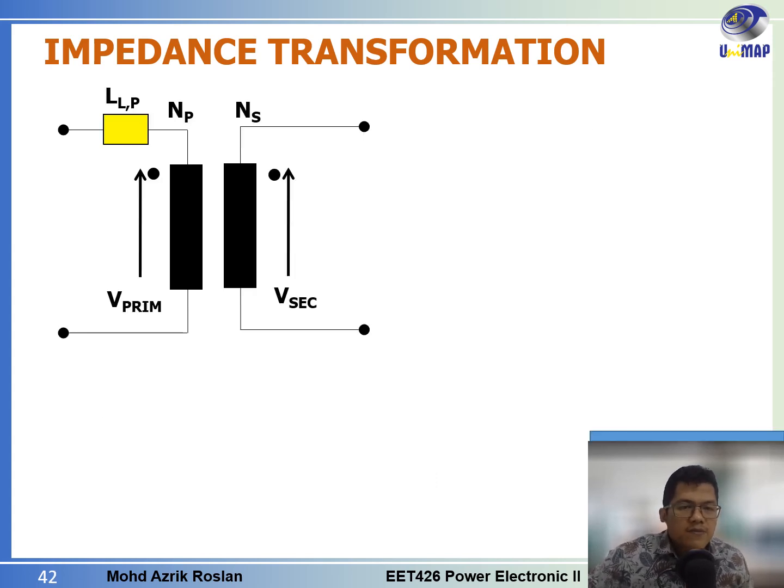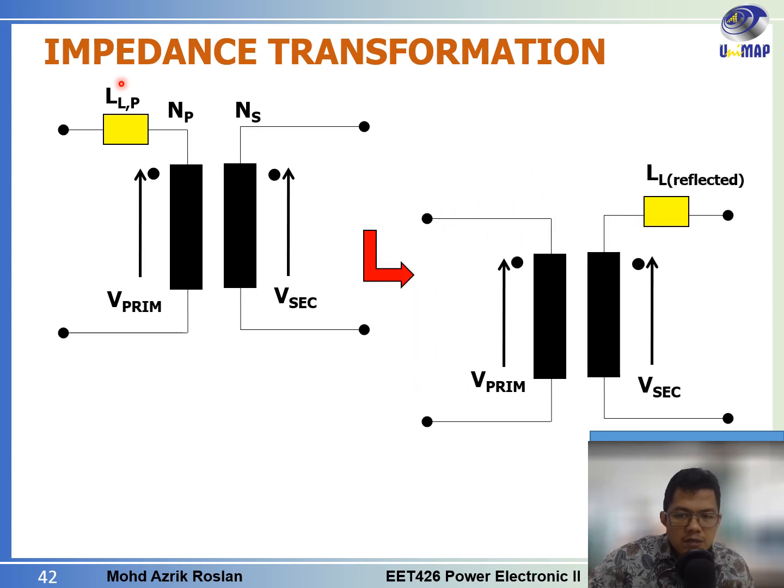Now we have the leakage inductance of the primary and we want to project it to the secondary side. We use this equation: L leak reflected to the secondary is equal to LLP multiplied by NS over NP squared.